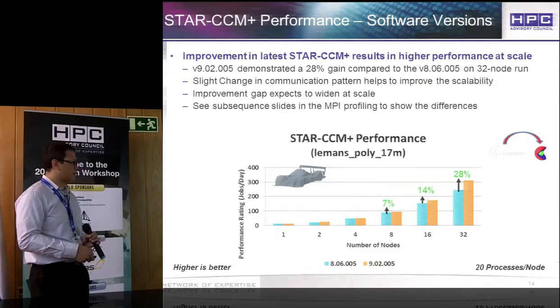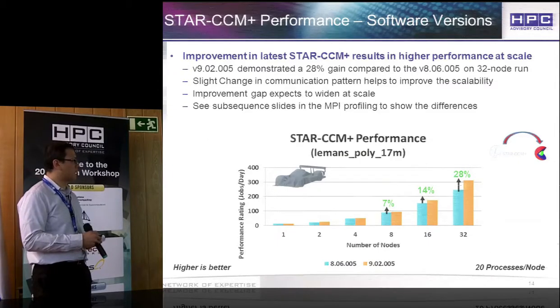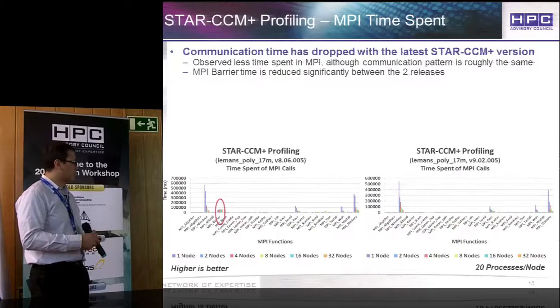So by using version 9.02.005, which is the one right here, compared to version 8.06.005, somehow it has to be related to the communication library that STAR-CCM uses, which I was able to find by using the profile of this. Comparing the older version versus the new version of STAR-CCM, we see that a lot of the barrier that appears in version 8 is no longer there in version 9.